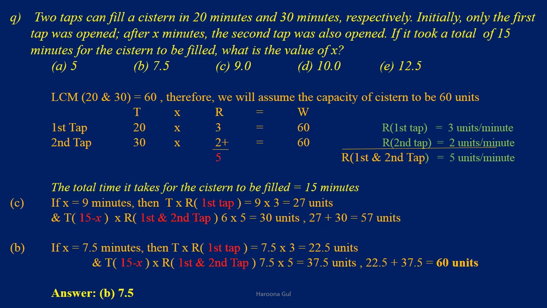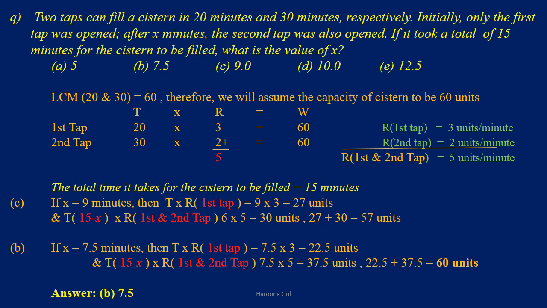Now, this means that we have to decrease the number of minutes of x to get to the answer, because you see the combined rate is greater than the rate of the first tap. So we will move to answer choice B. So if x is 7.5, that means 15 minus x is also going to be equal to 7.5.